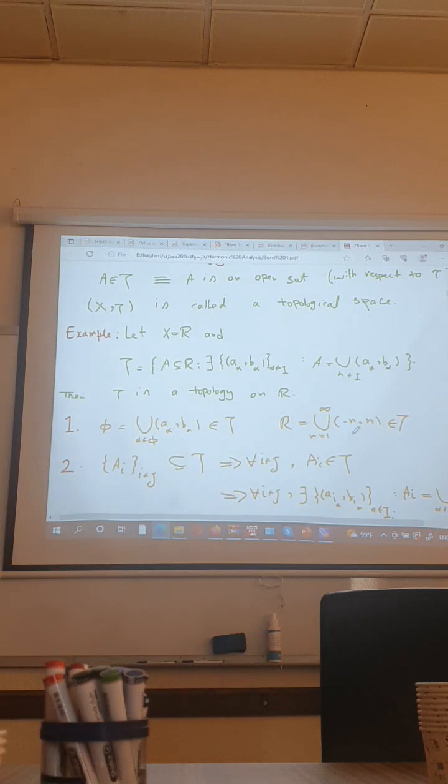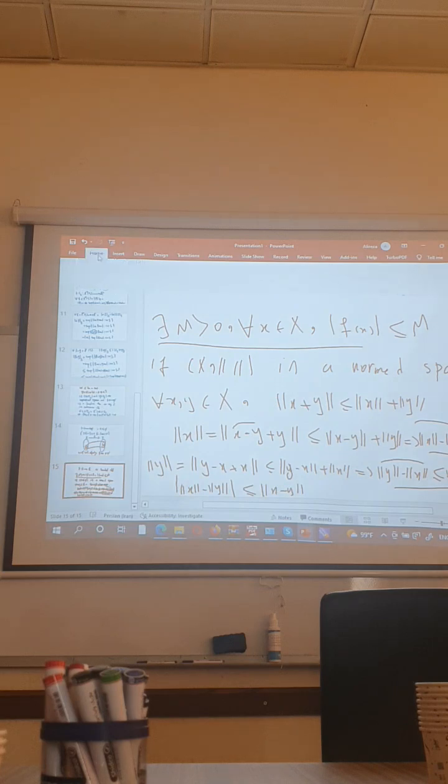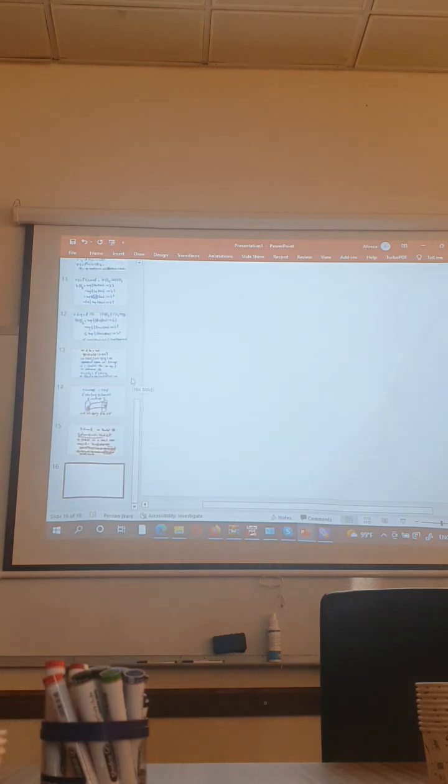The union of these intervals equals the whole of R. Please note that if we consider this as, for example, the real line, this is, for example, the interval (-1, 1), then (-2, 2), then (-3, 3), okay?